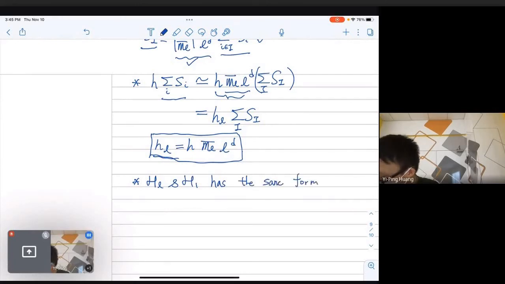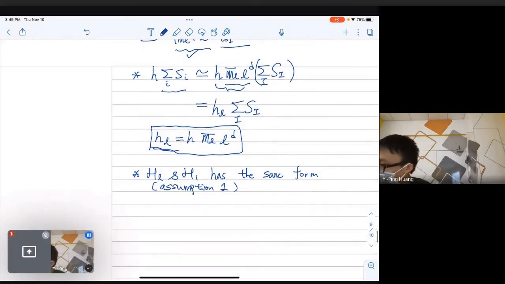And the reason for that is, of course, that it comes from assumption 1 given by Kadanoff. Okay, so if they have the same form, we will expect the free energy to have the following relation. Because they have the same form, the free energy should also have the same form.